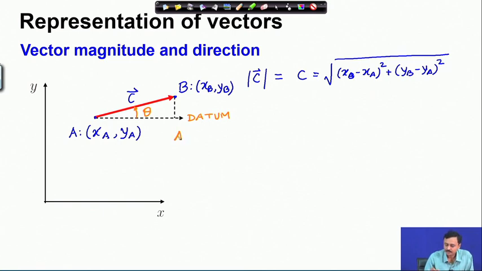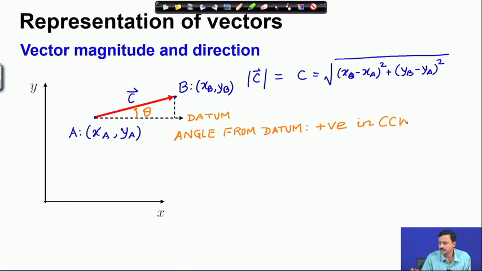So, angle measured from the datum is positive in the counterclockwise direction.